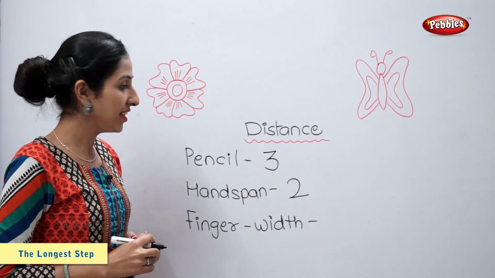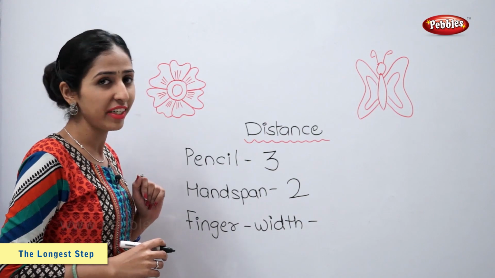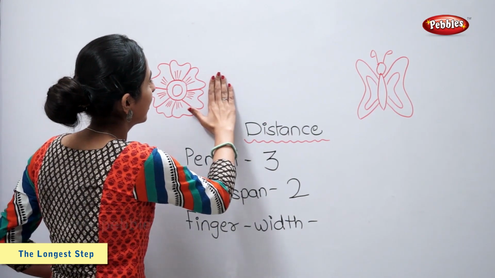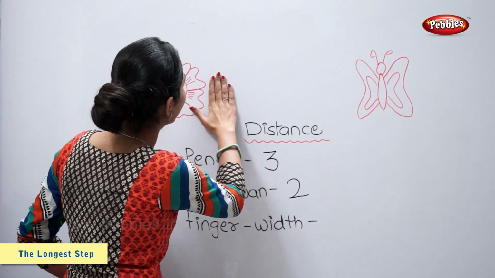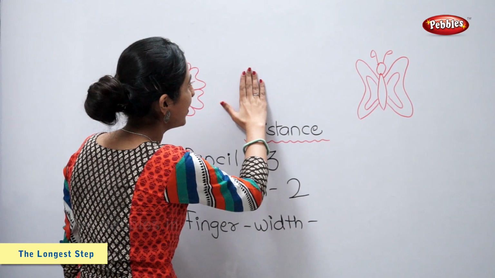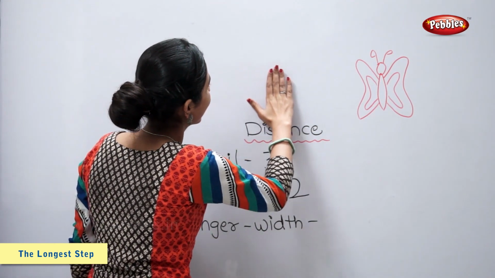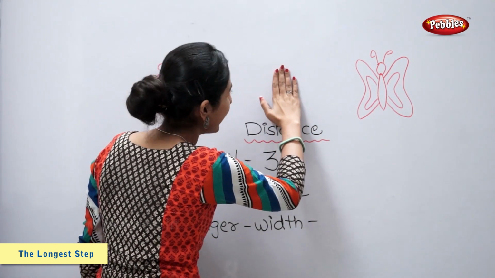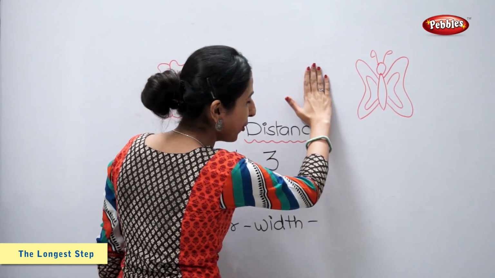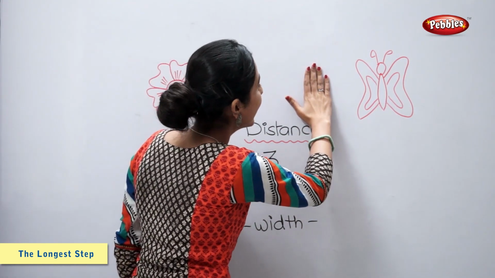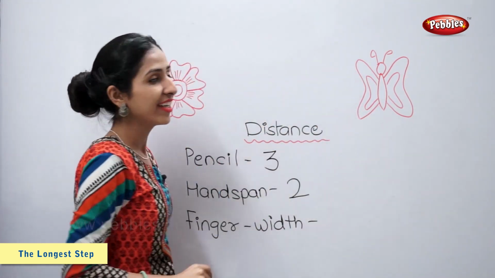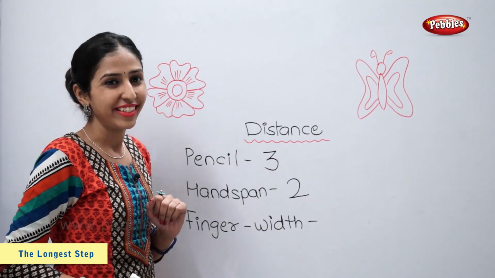Let's measure the distance using finger width. 1, 2, 3, 4, and 5. 5 finger width.